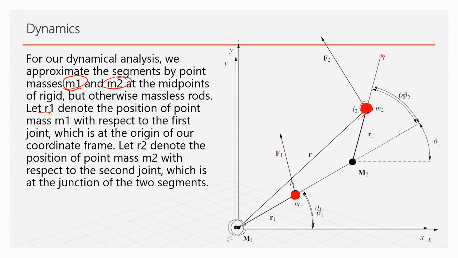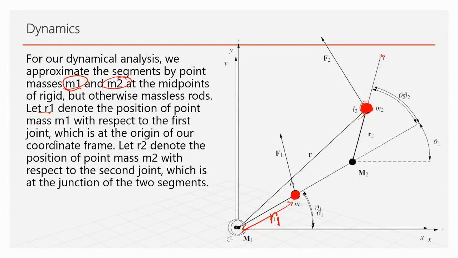Let R1 denote the position of point mass M1 with respect to the first joint, which is at the origin of our coordinate system. So I consider this length as R1, which is halfway to the end of the link.